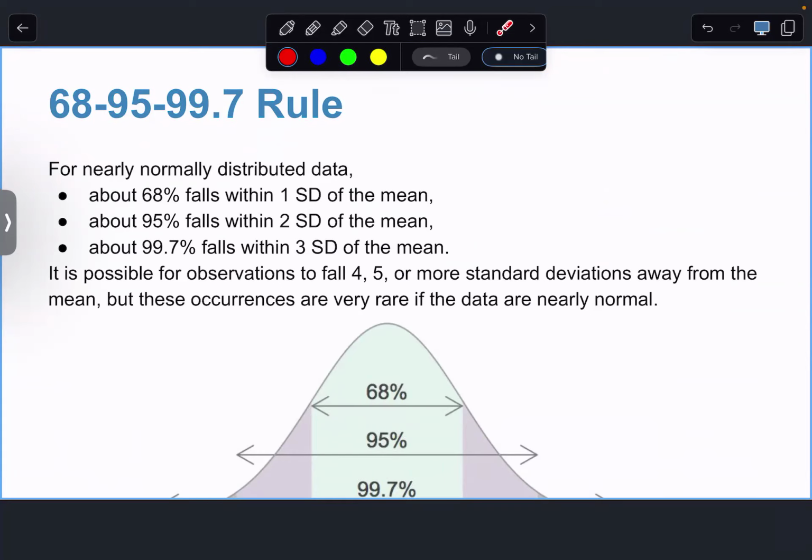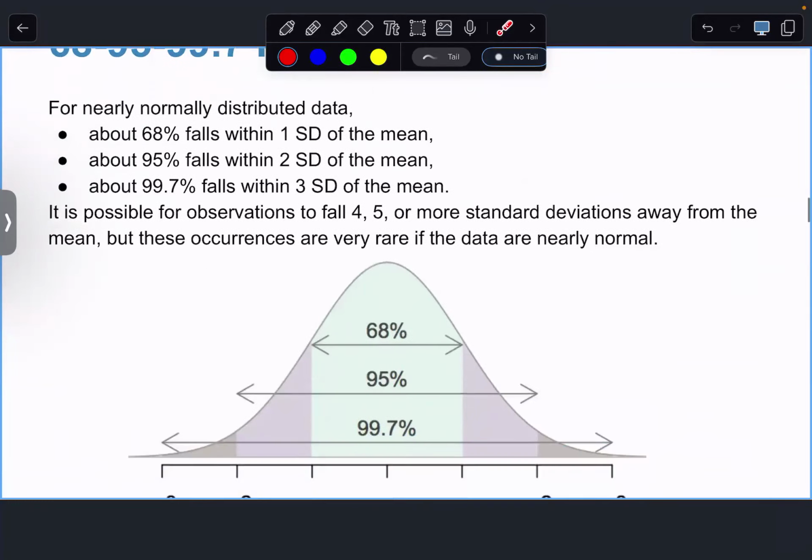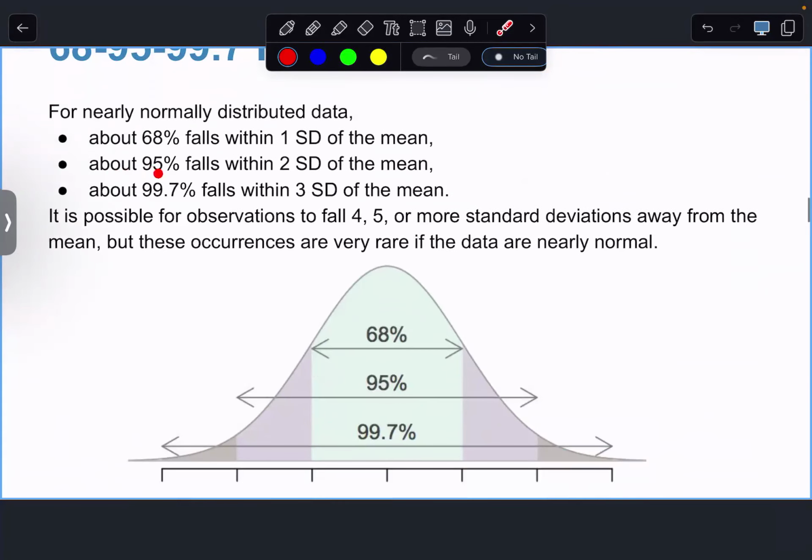Well, we already saw that the central 95% of the curve falls within 2 standard deviations of the mean. We saw that it should actually be 1.96, but then we talked ourselves into, okay, that's basically 2. And so we could do the same thing for 1 standard deviation and 3 standard deviations.